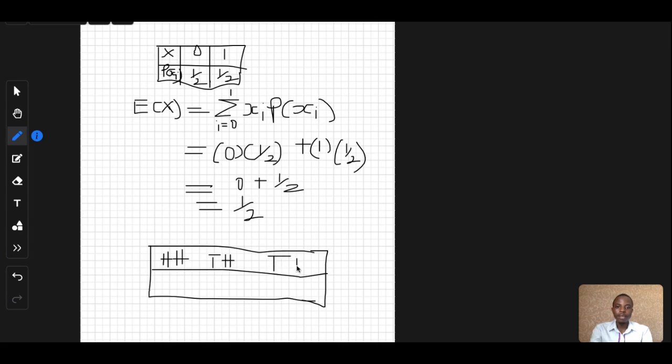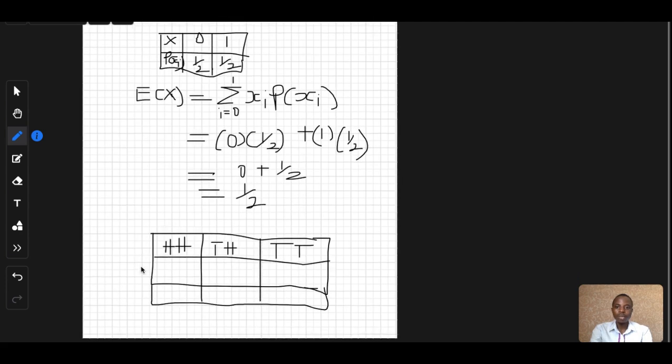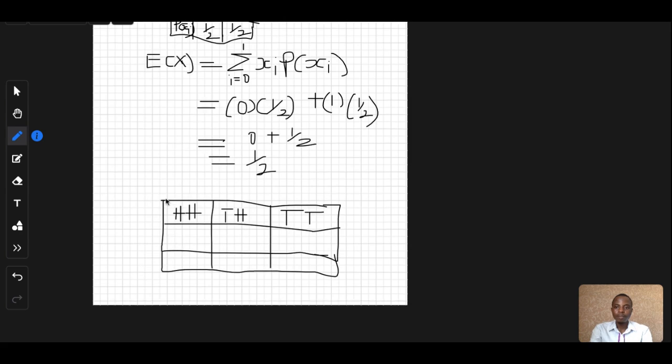I'm writing tail head and I'm not writing head tail because in this case I'm just interested in the specific case where you have one head or you don't have one head or you have 2 heads. I'm not interested in whether you have the head first or the tail. Doesn't matter in this case. So these are the outcomes actually.